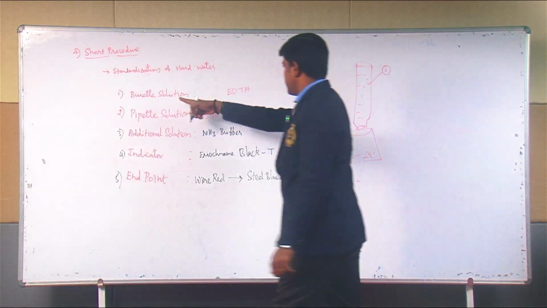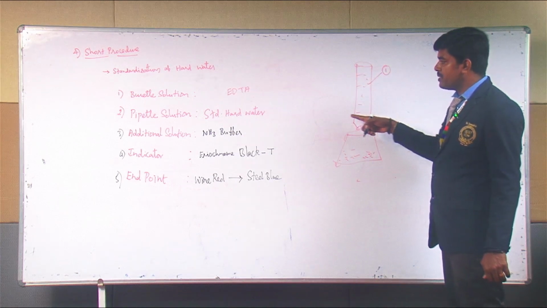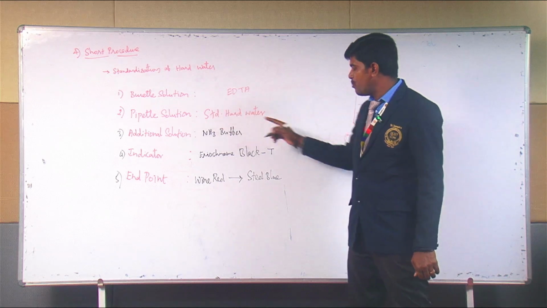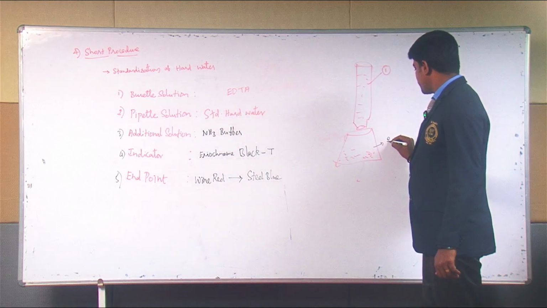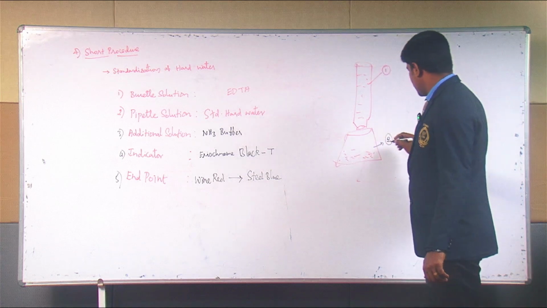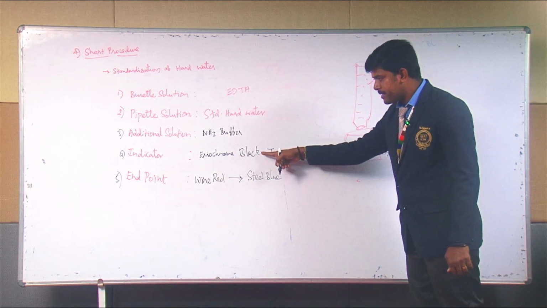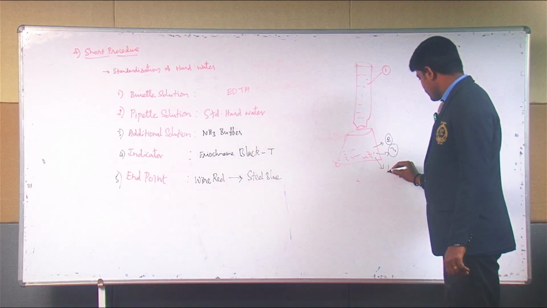The burette solution is EDTA, that is taken in the burette, and the hard water will be pipetted out here, and the additional solution, the buffer, will be added here. The indicator will also be added here.